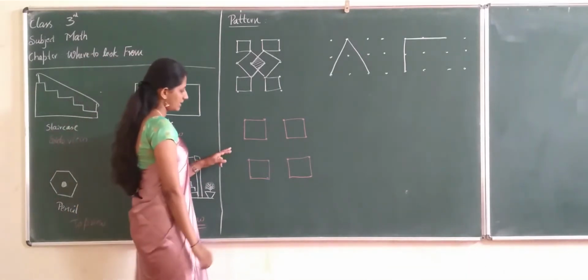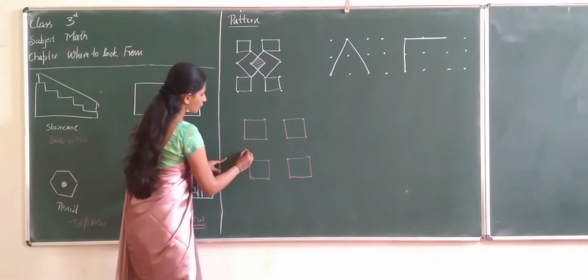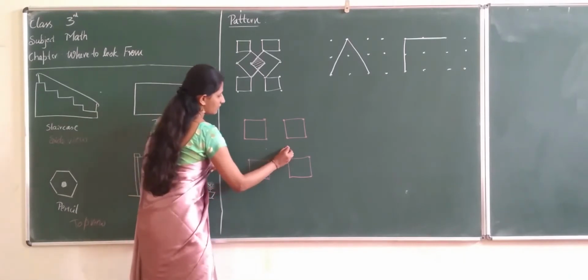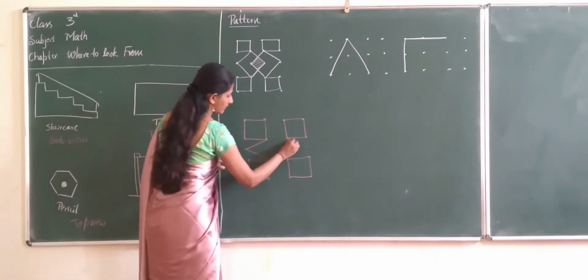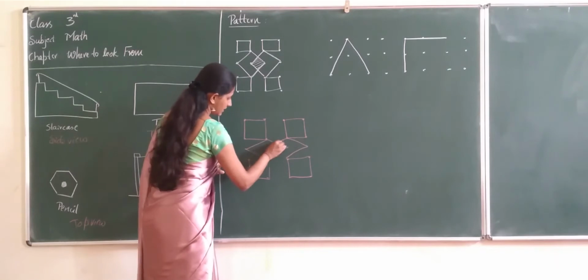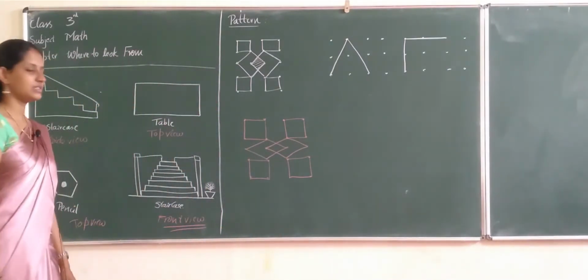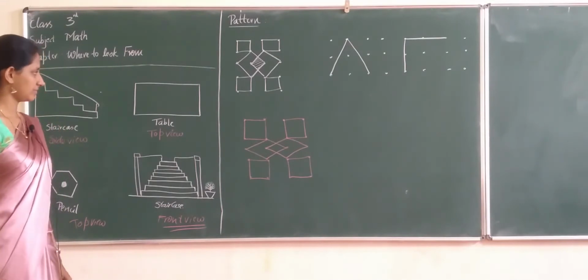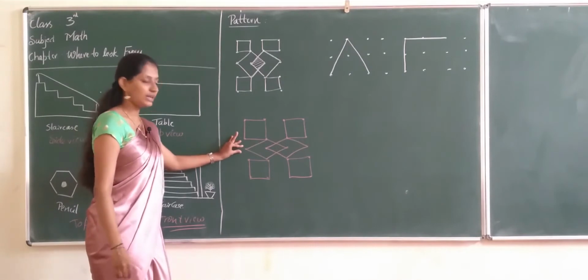Okay. Then I want one more, no? Okay. Then I join this one. Again I join like this and like this. Somewhat like this, no? Correct? A square shape and a diamond shape.